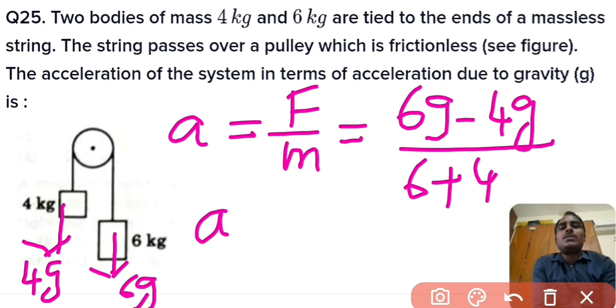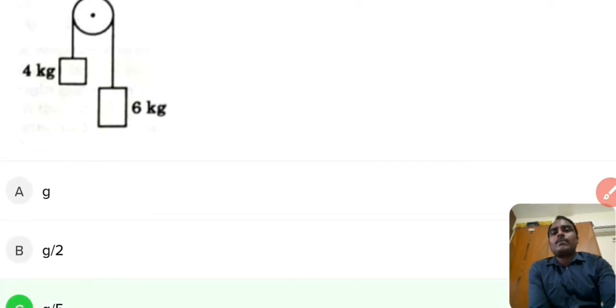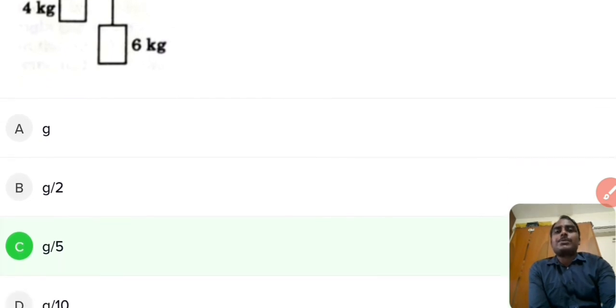So a equals 6g minus 4g, 2g divided by 10. So we can write it as g by 5. So g by 5 is the value of a. So option C is the correct option.